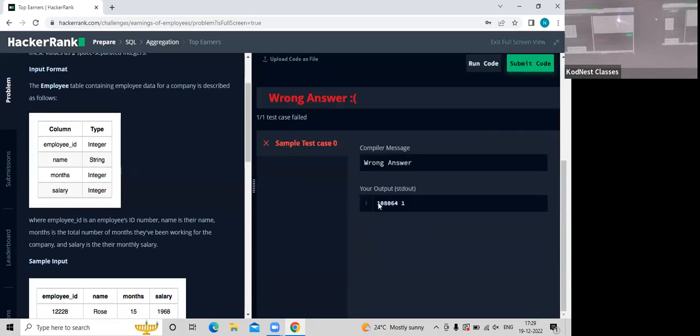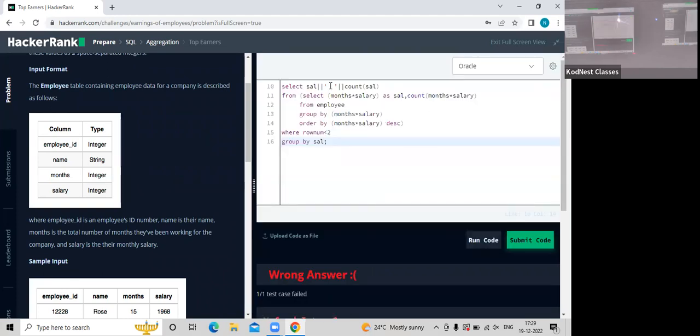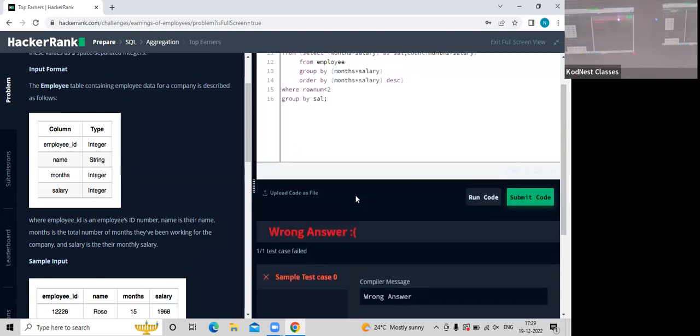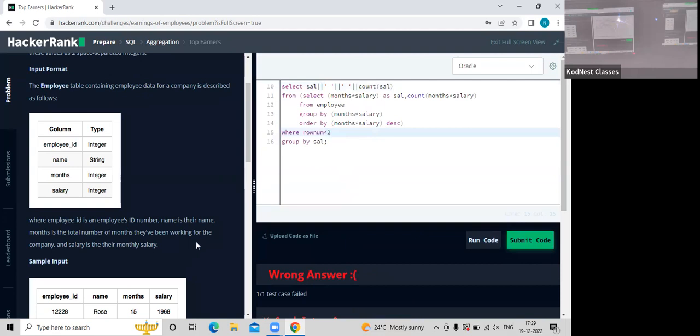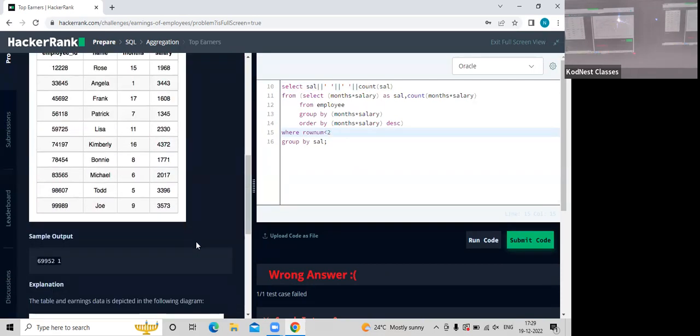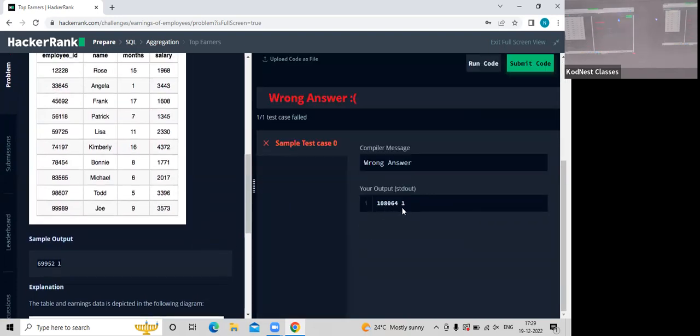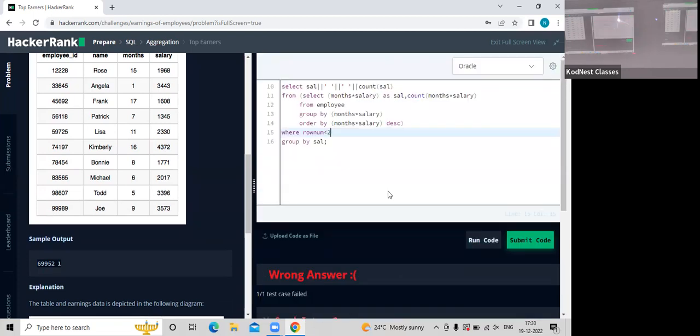Wrong answer, but almost we've got something similar, right? So what is missing? But if you observe, we are almost there. Something, one thing is missing. What is that?